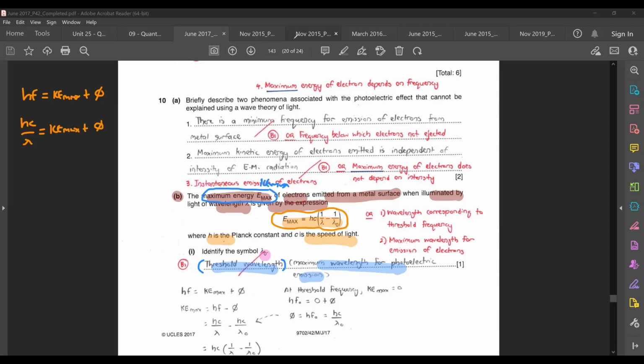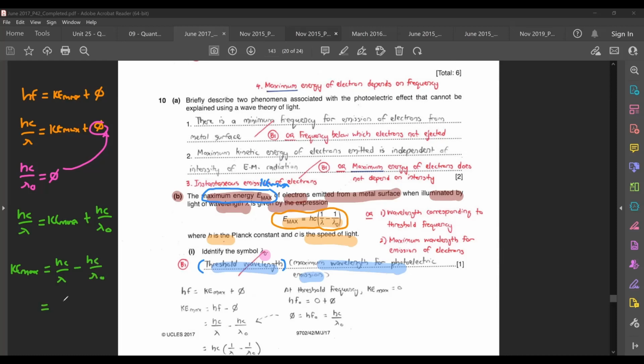If you recall that I mentioned to you that hc over lambda naught is equal to phi, you sub it inside here, what you will get is hc over lambda equals KE max plus hc over lambda naught, such that right now KE max is going to be hc over lambda minus hc over lambda naught.